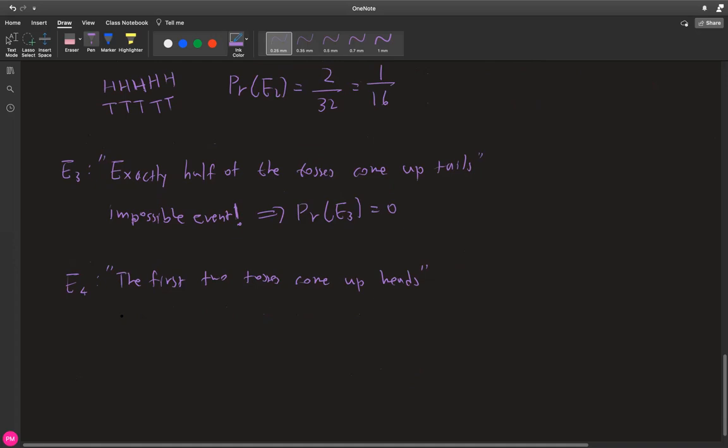So what does this mean? This means that out of 5 spots, you have the first 2 designated for heads, and the rest could be anything.